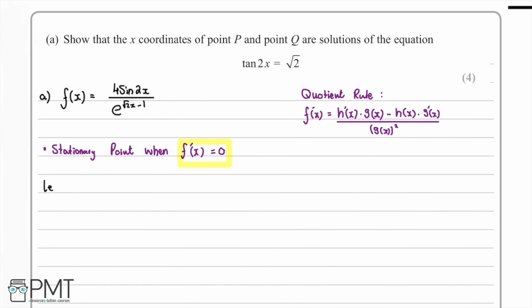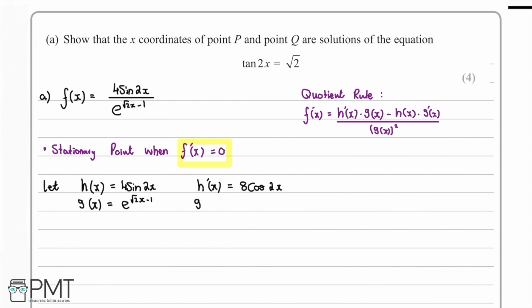Let h of x be our numerator, so that's equal to 4 sine 2x, and let g of x be equal to our denominator, which is e to the power of root 2 x minus 1. Then we can work out the derivative of 4 sine 2x. Using the chain rule and our knowledge of trig differentiation, we'll have 2 times 4, so 8, and sine goes to cos, so we'll have 8 cos 2x.